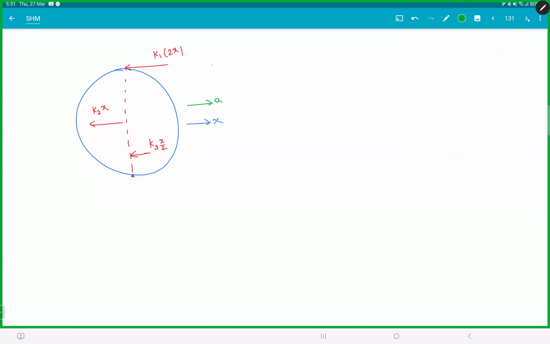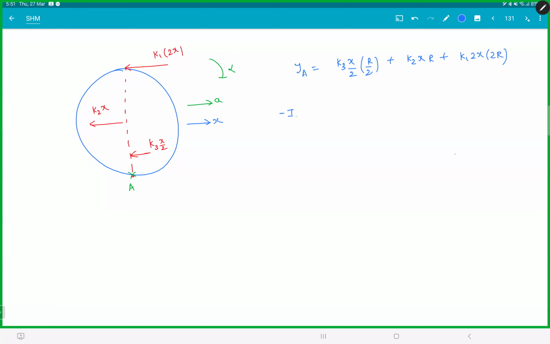Let this be acceleration a. Let this be alpha. We will take torque about the bottommost point because it's not slipping. Then you're done actually. Torque about A will be k3 x by 2 into r by 2, k2 into xr, plus k1 into 2x into 2r.